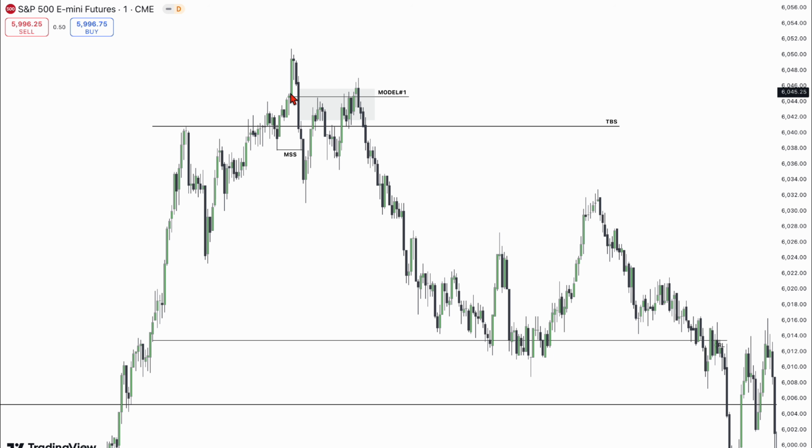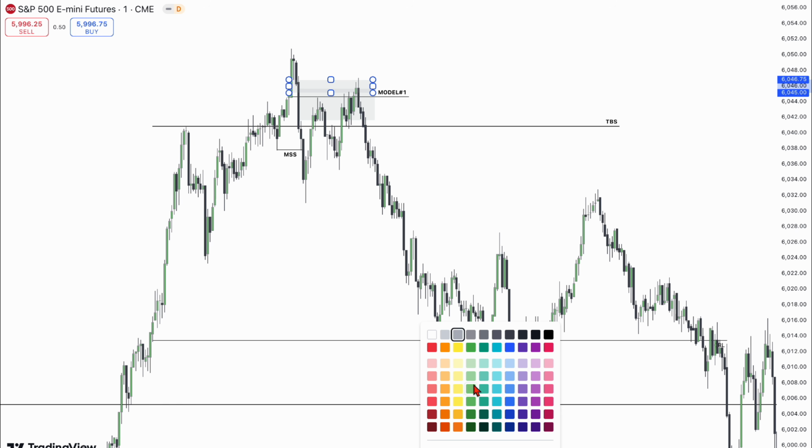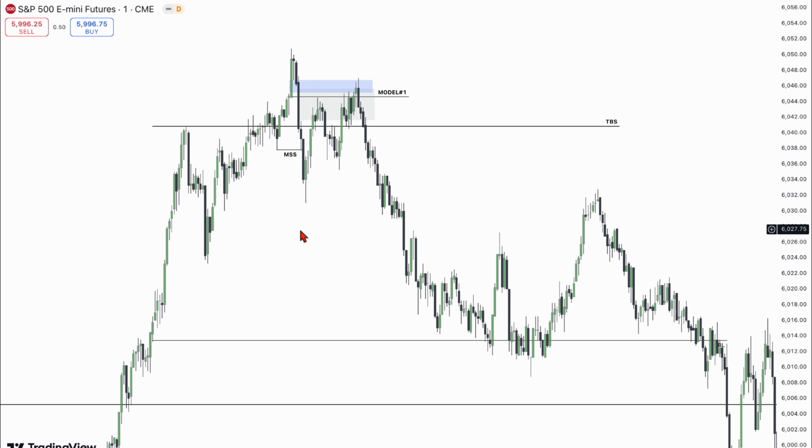Alternatively, if you're using the inversion entry model, this is our inversion entry point, and also price has created SMT with NASDAQ here. This SMT confirms both the MSS and CSD.